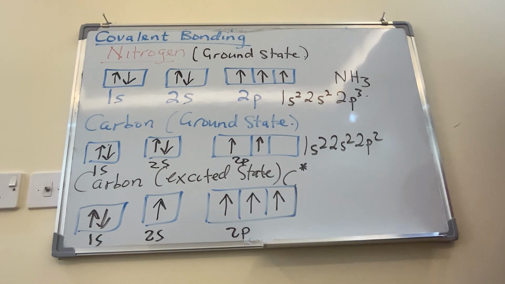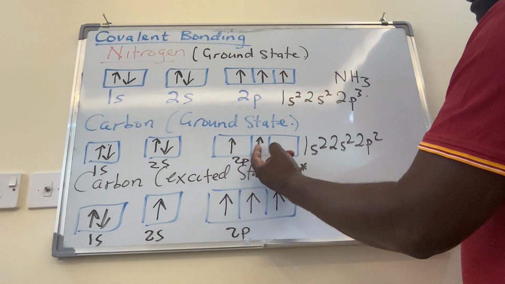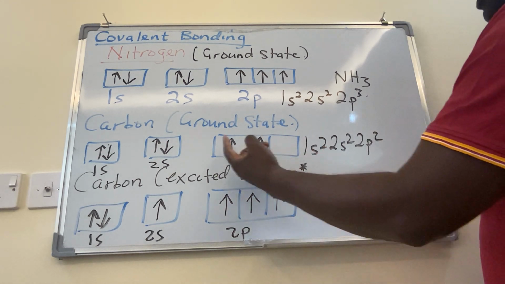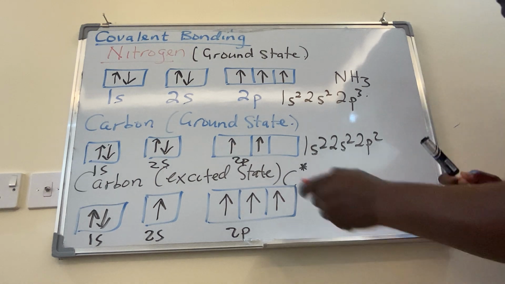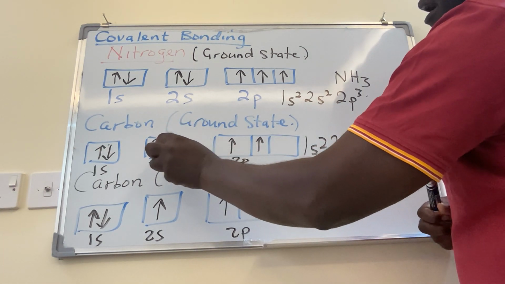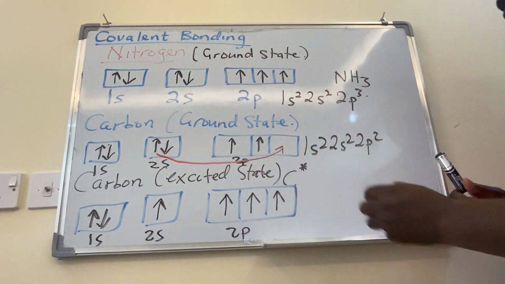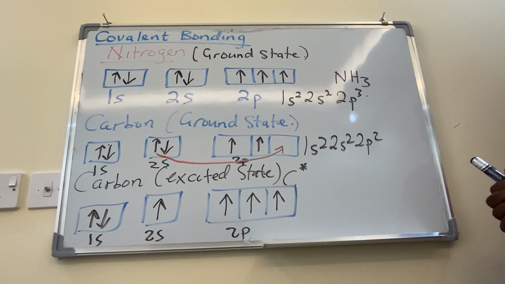So we can explain how carbon forms 4 bonds. We started off with 2 unpaired electrons and a vacant orbital. During bond formation, one of the 2s electrons is promoted to the vacant orbital, and as a result we have 4 unpaired electrons.